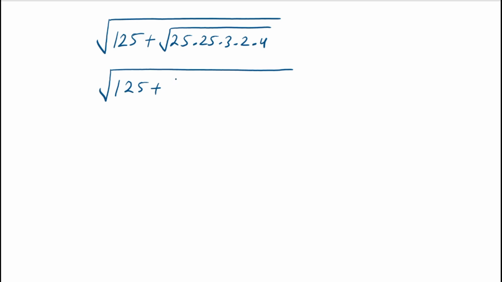And this expression is square root of 125 plus square root of 25 into 25 into 3 into 2 times square root of 4, and we know that square root of 4 is 2, then this and this are cancelled out.